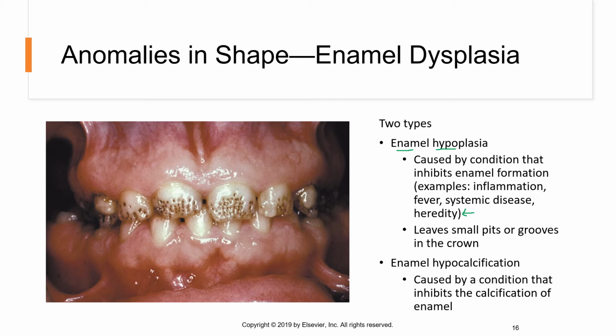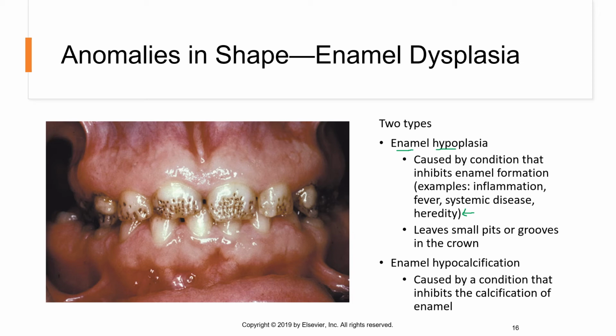And it doesn't always appear this color either. That's with time and stain and everything, okay? Very difficult to clean. So this will leave small pits or grooves in the crown of the tooth, so that's enamel hypoplasia. All right. Then we have enamel hypocalcification, meaning it didn't calcify.